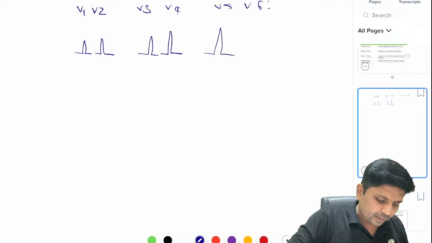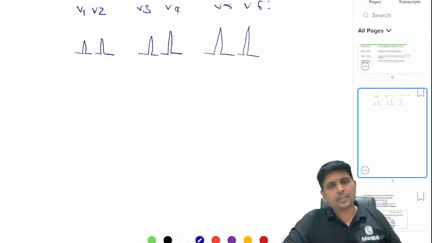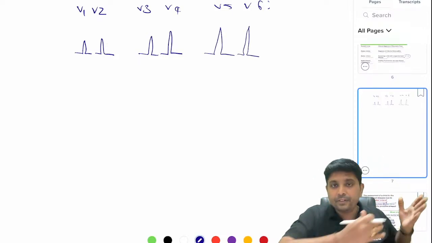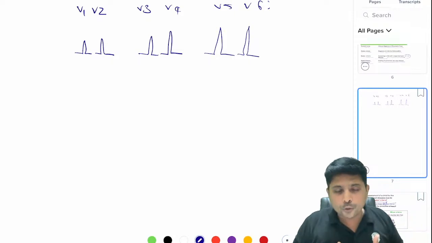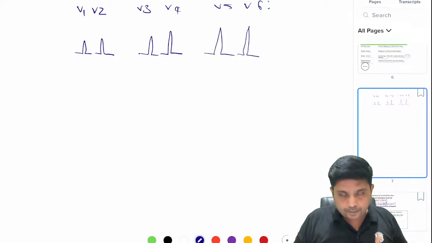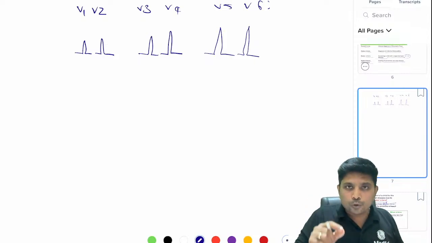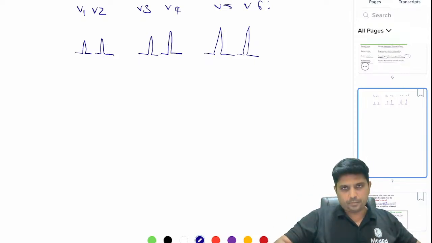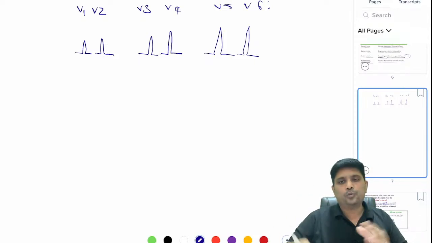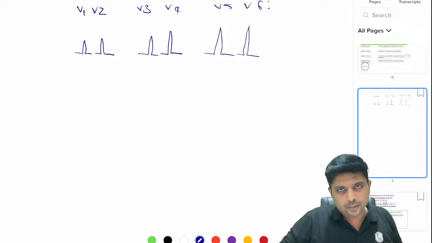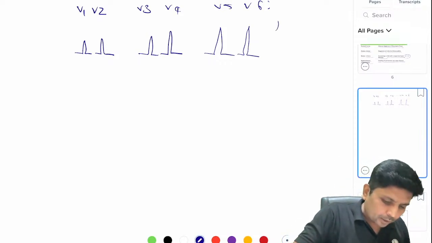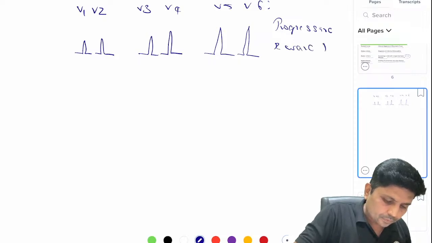And V5 and V6 have further taller R waves because the left ventricular mass is more compared to the septum. So the height of the R wave is proportional to the muscle mass. That's why this is called progressive R wave increase.